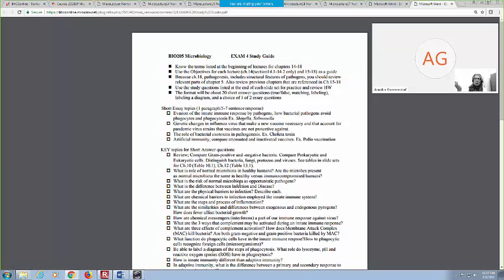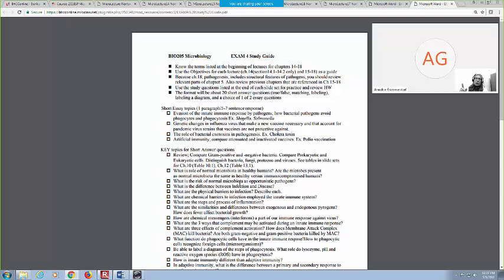So you should know not just about the innate immune response, because pathogens are quite good at evading the innate immune response such that we get symptoms before the adaptive immune response is developed.